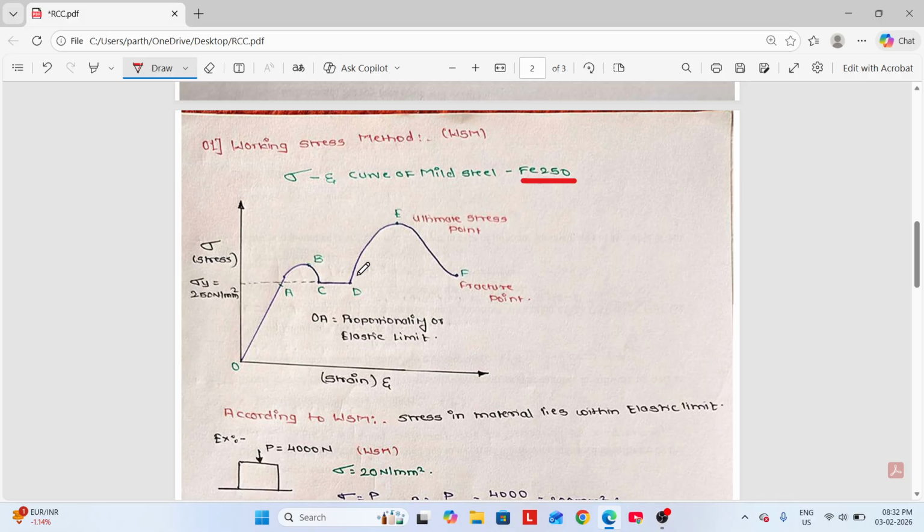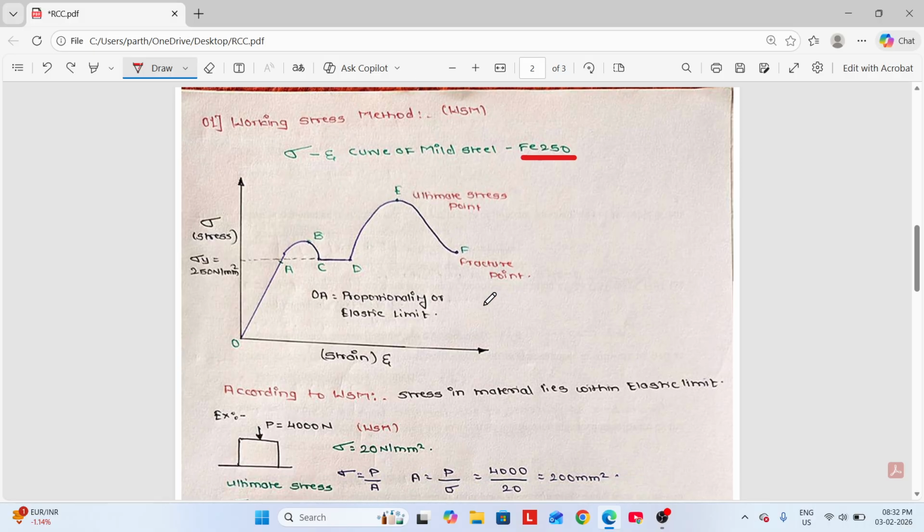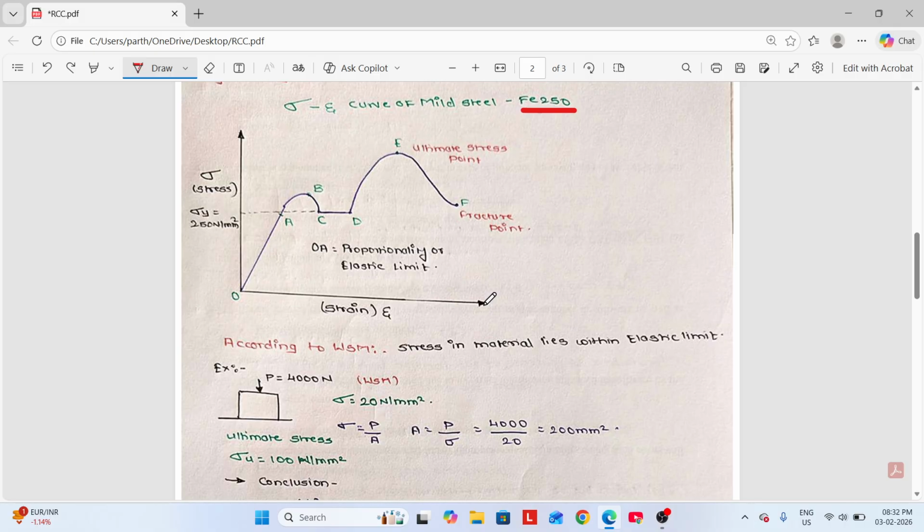From D to E, when the curve reaches point E, we have the ultimate stress point. Then from E to F, at F we have the fracture point.